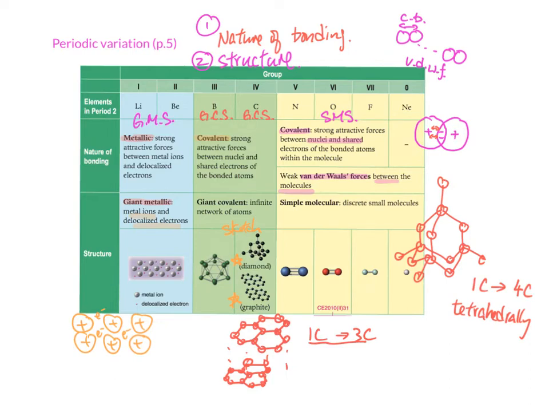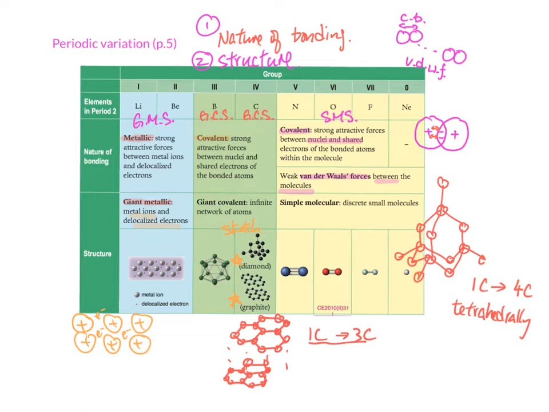While for nitrogen, oxygen, fluorine, and neon, mentioned before, they have simple molecular structure. So from giant metallic structure, go to giant covalent structure, and then go to simple molecular structures. So the nature of bonding and structure are properties that are periodic; they have a periodicity, recurring again and again.